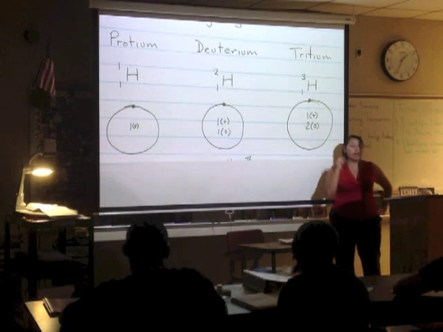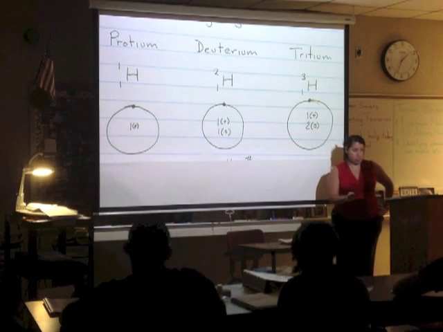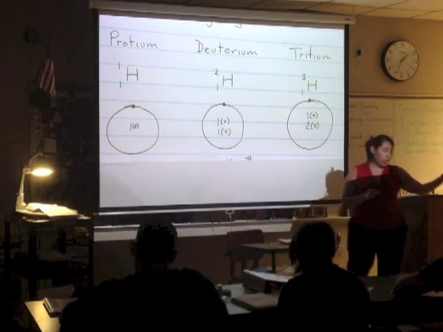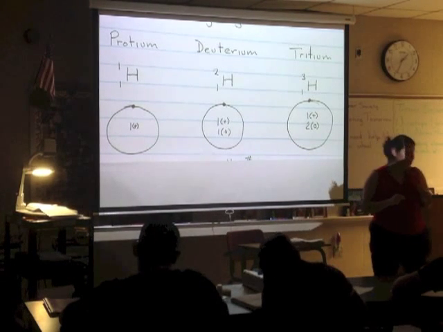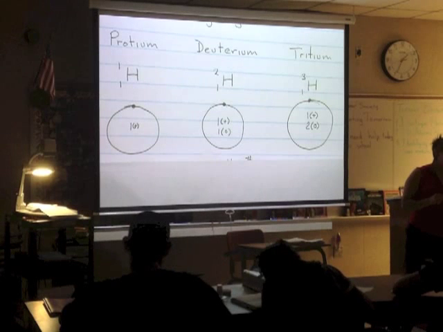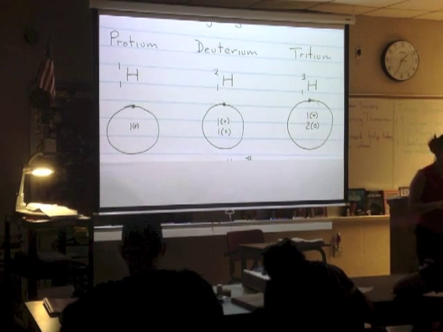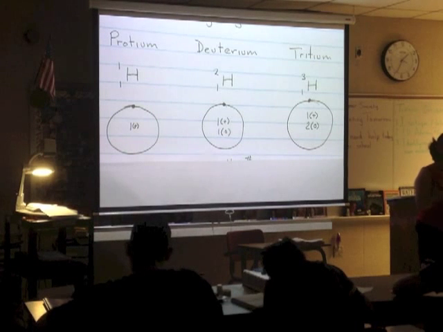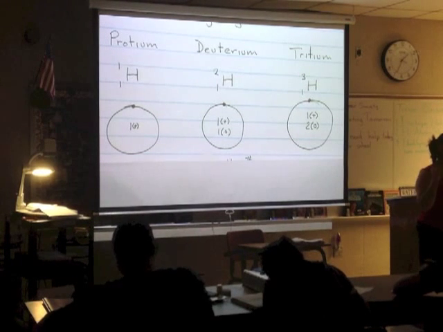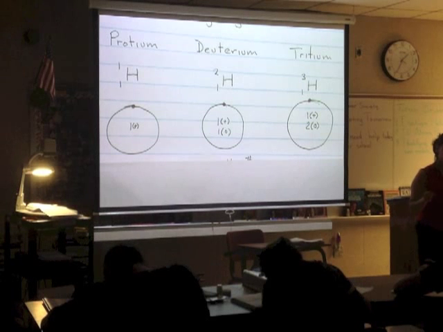The number of protons. Because in 2 weeks we're going to see that they don't always have the same electrons because we have charged atoms. Right now they do, but eventually they're not. Protons are what you look at in order to identify an element.